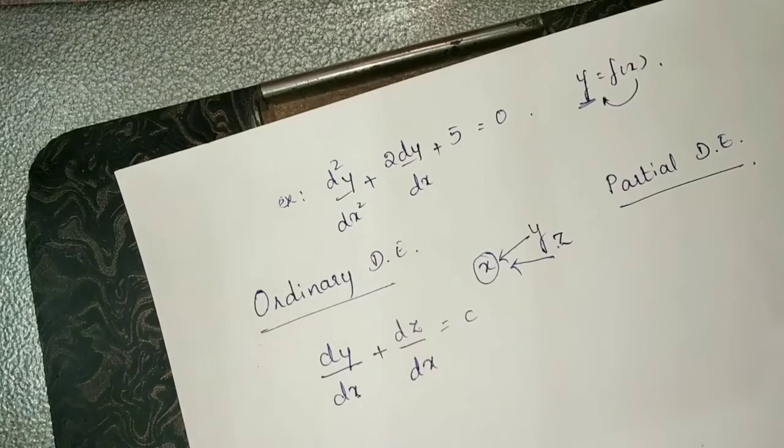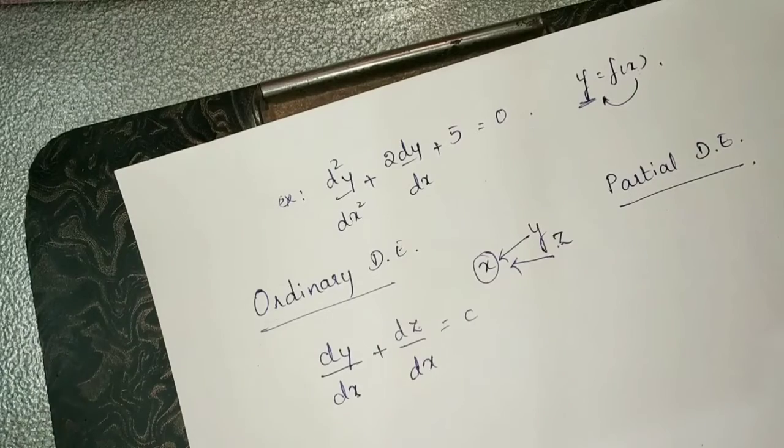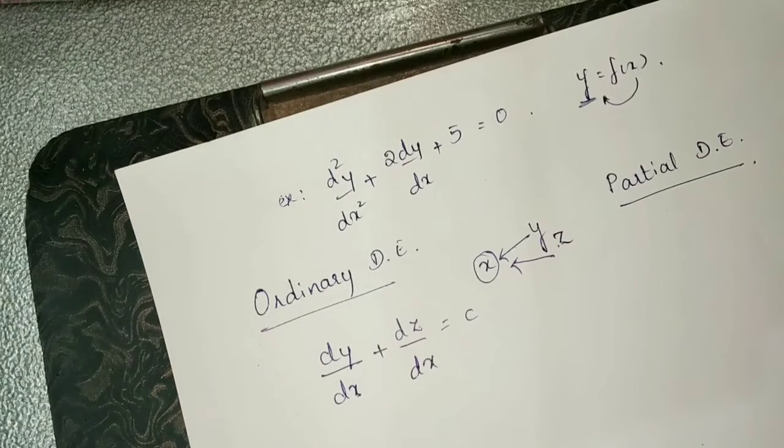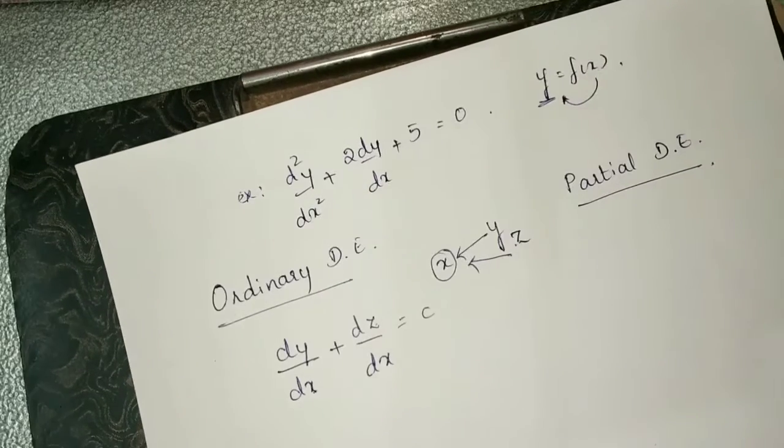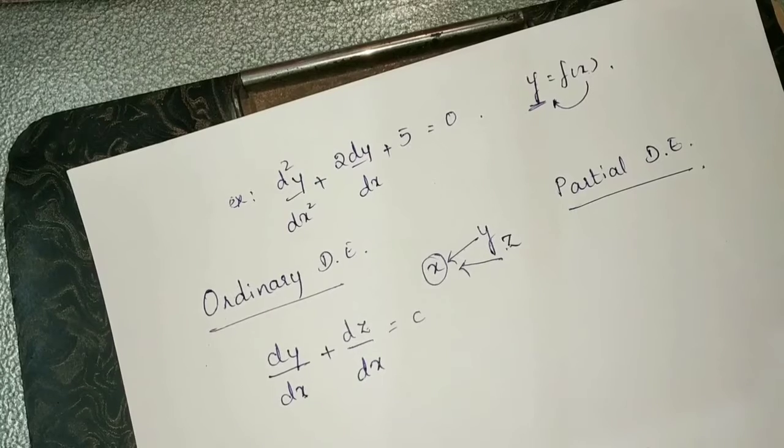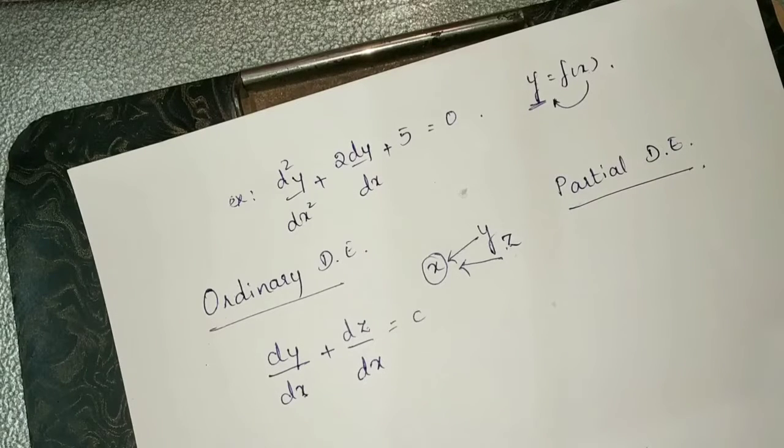A differential equation involving partial derivatives of one or more dependent variables with respect to one or more independent variables is called a partial differential equation. For that type of equation, we cannot differentiate the variable completely. That's why we call it a partial differential equation.